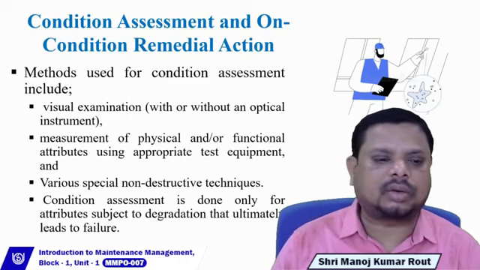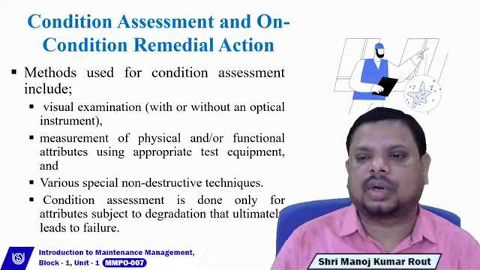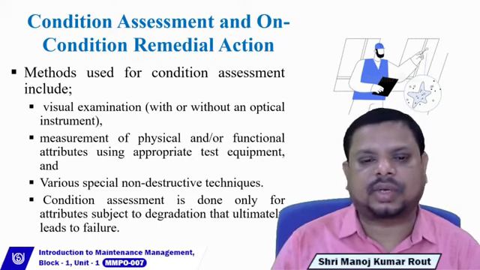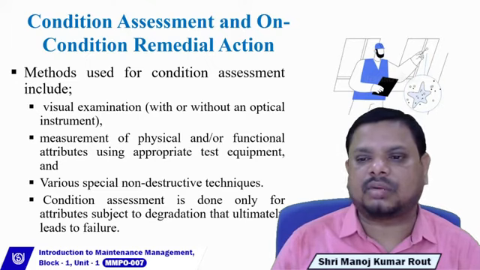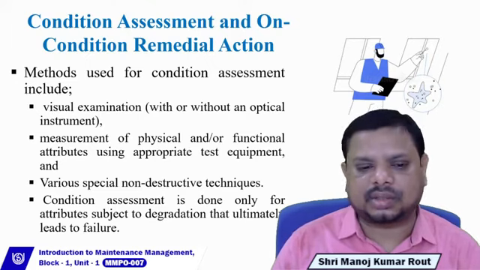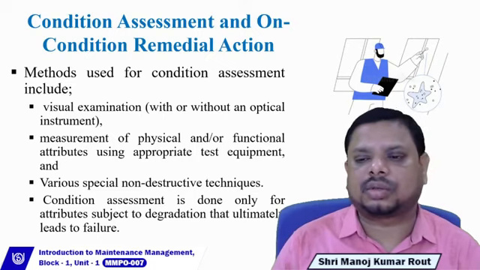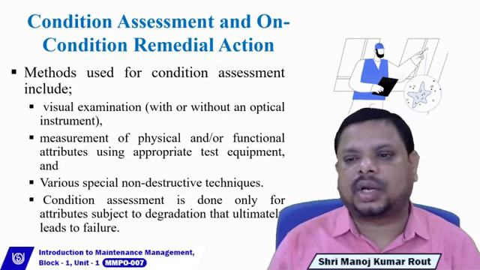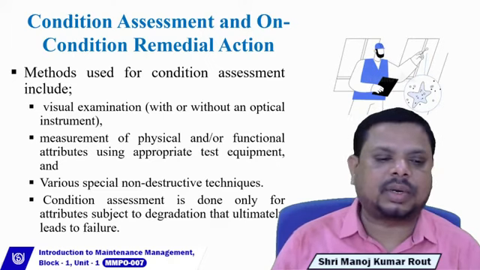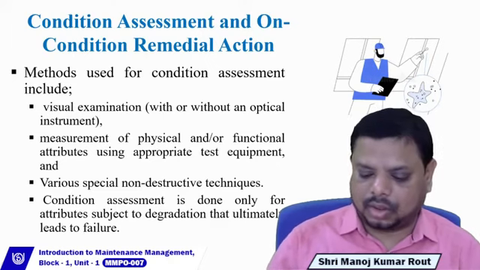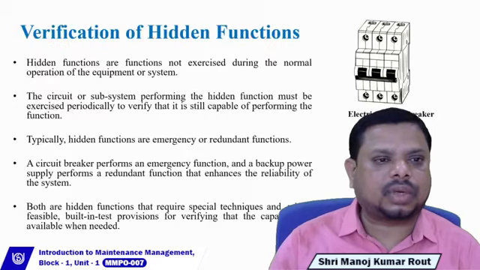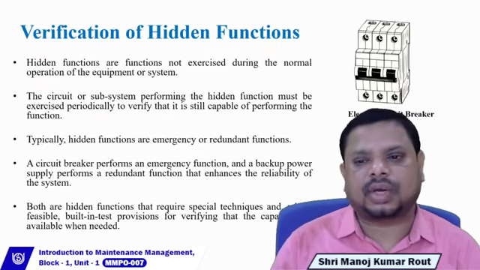If required, they go for non-destructive testing using electronics known as sensors. Condition assessment is only done on attributes of machines whose degradation rapidly progresses and ultimately leads to other failures. Moving to the next one, we have verification of hidden functions.